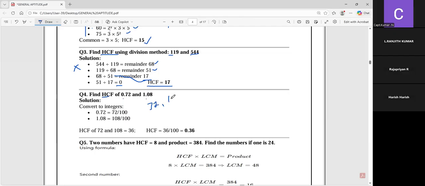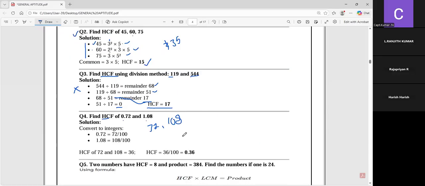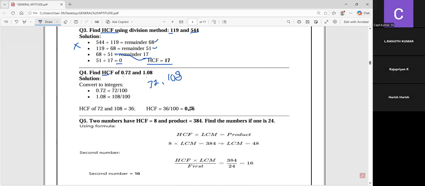From these two numbers, I'm going to calculate the HF value. By using the second method or third method, you will get the value of 36. Finally, you convert the number into the decimal point and get the answer.